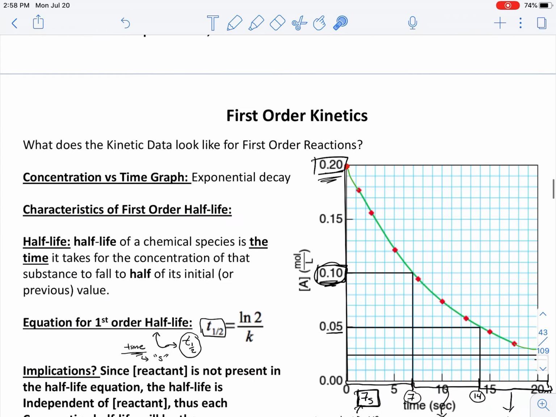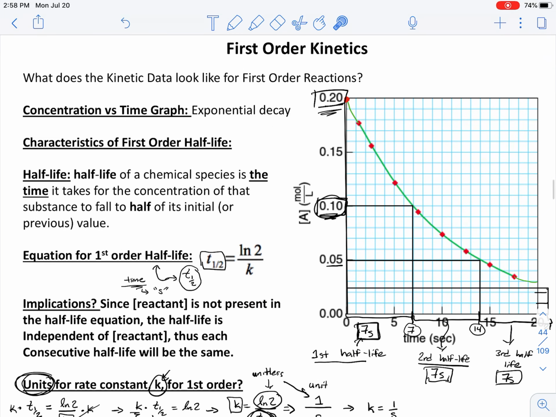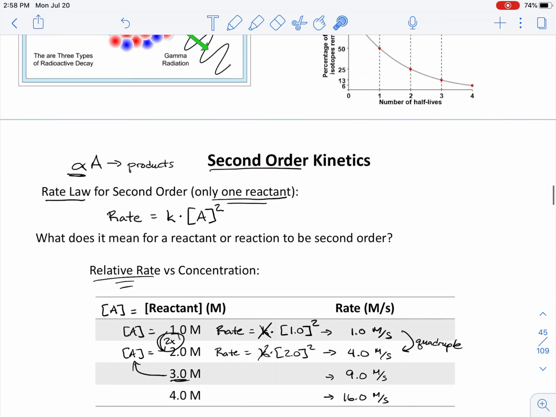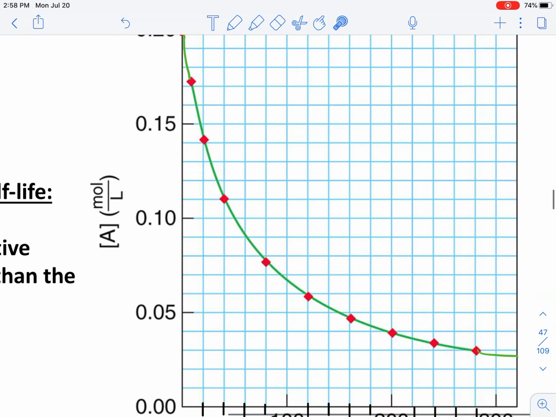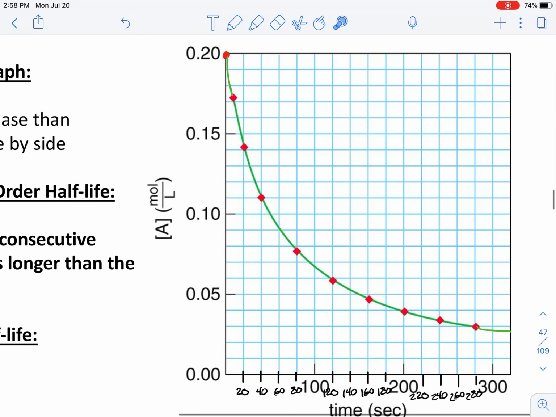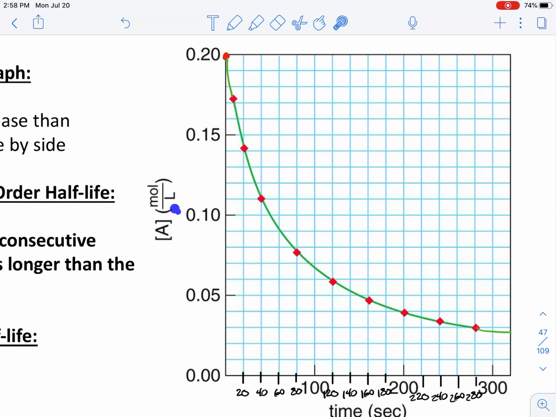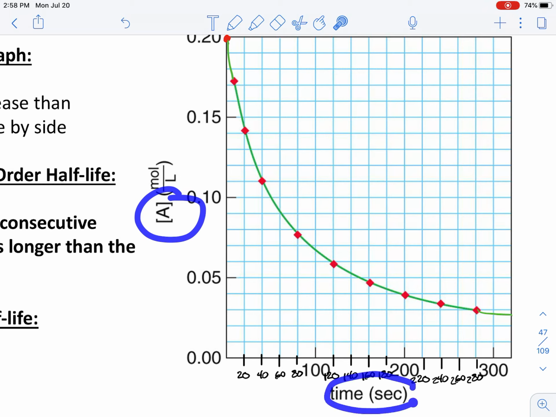And I'm going to quickly move over to first order graphs. Notice how it's still an exponential decay, but the curve for first order is not as steep as second order kinetics. So once again, if we take the concentration of reactant A and plot it against time, we get a steeper exponential decay.